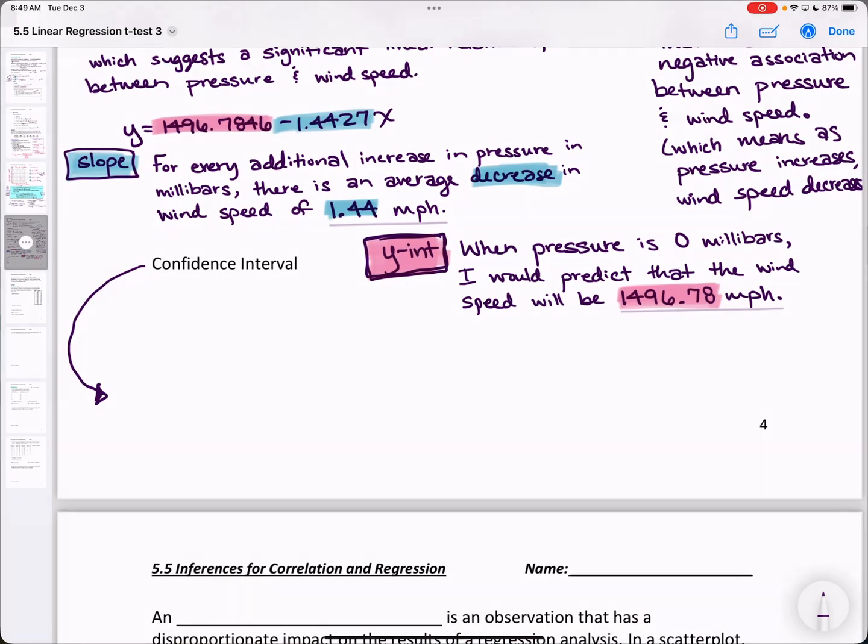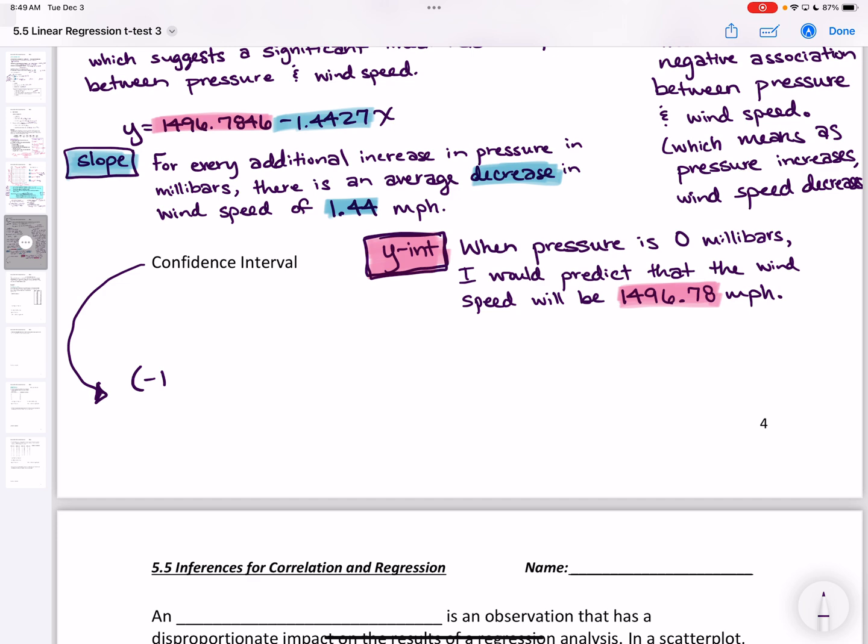Okay? So back to this. I wrote negative 1.732 to negative 1.154. And then I also had written stat, arrow over to test, choose option G, which is linear regression t-interval.